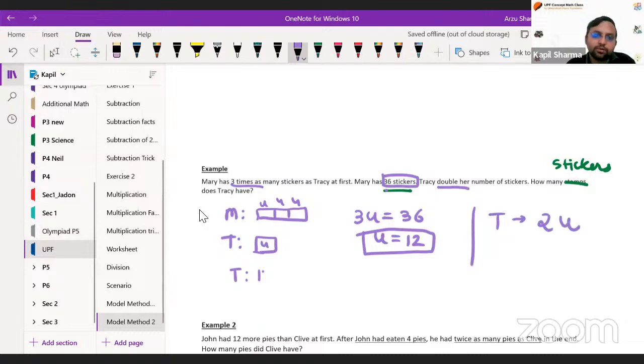Okay. So finally, Tracy had 2 units. So this is initial, before.